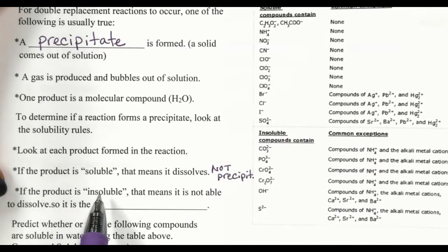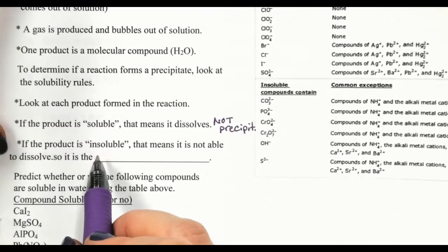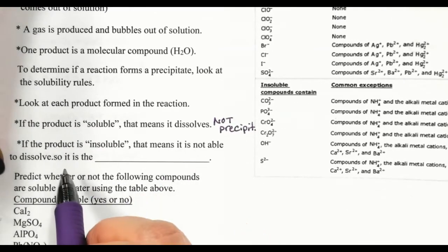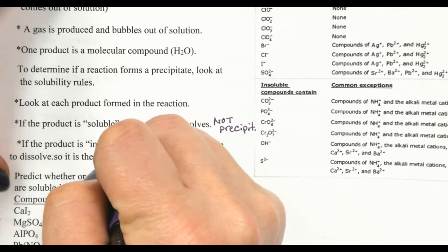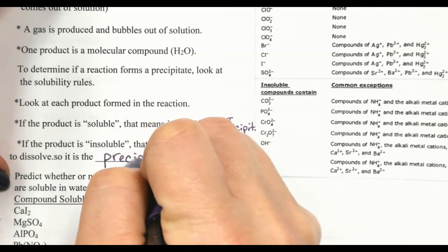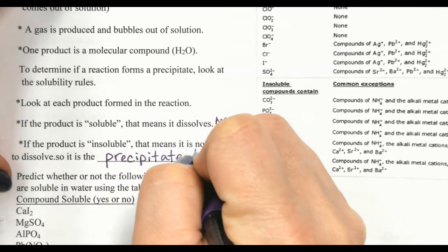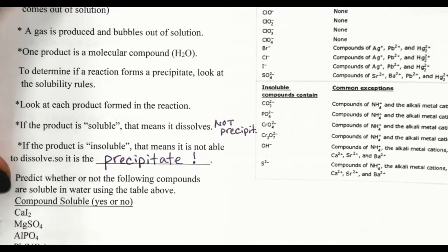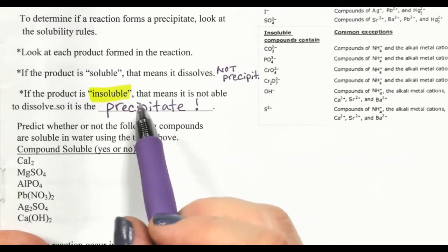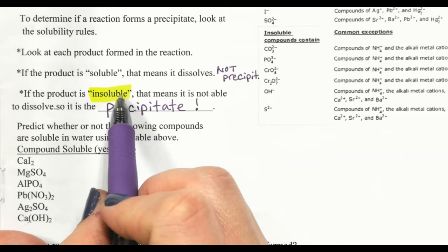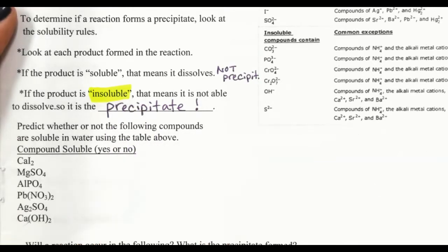If the product is insoluble, that means it is not able to dissolve, so it is the precipitate. Big exclamation point there. Highlighted insoluble for you is when you have a precipitate form.